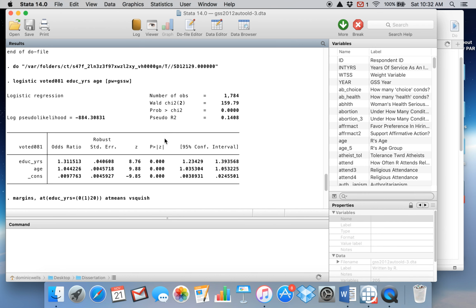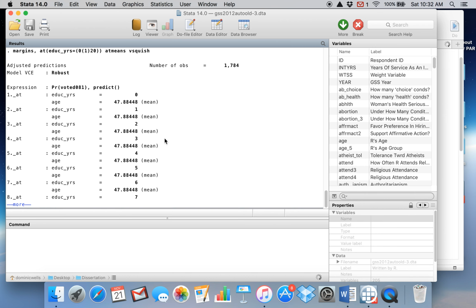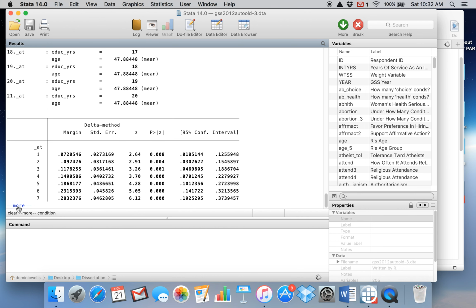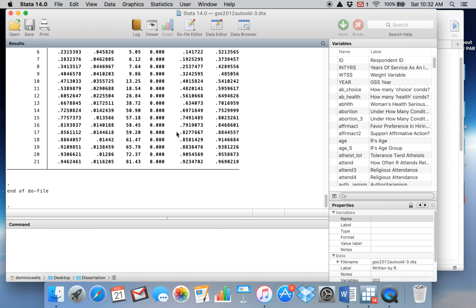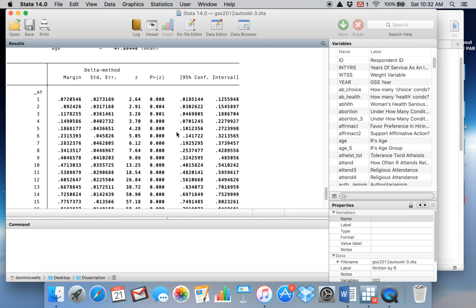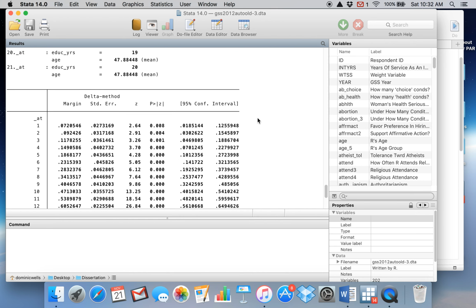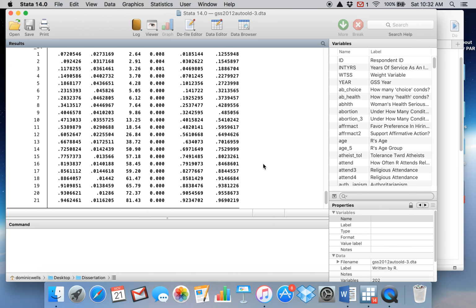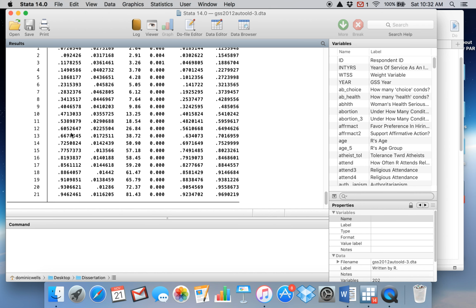So here we go. There's our model again. Same thing. And it gives us predicted probabilities. This is every year of education, and this is the probability of voting for every year of education.